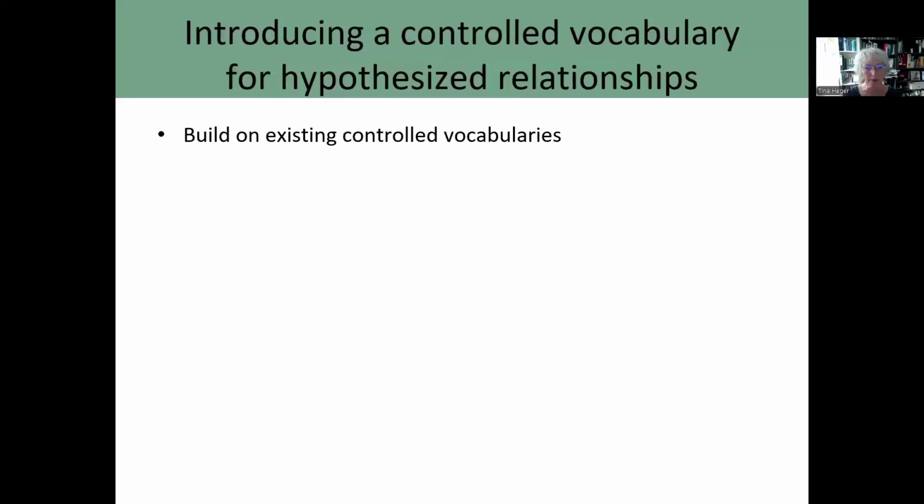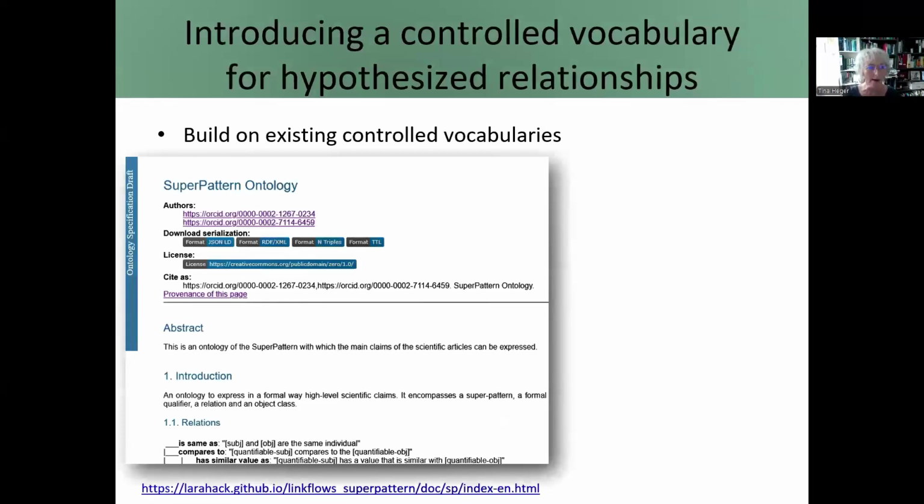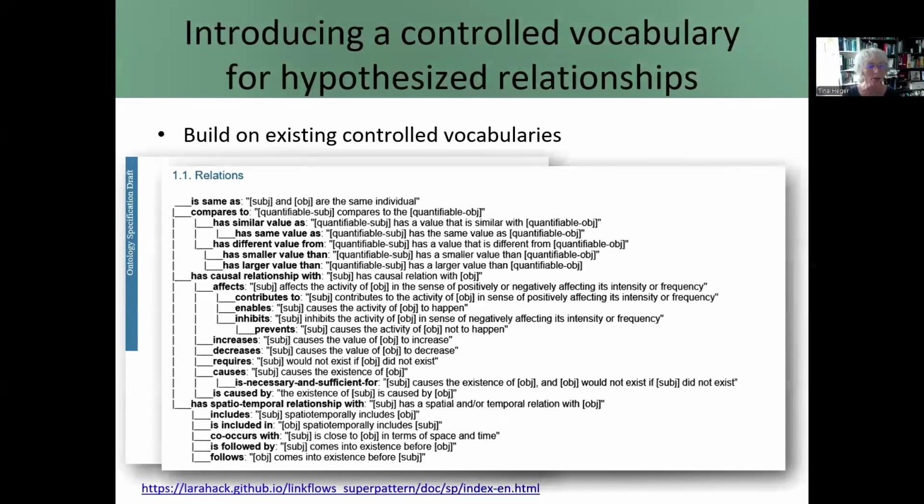And specifically for the hypothesized relationships, we found that there are already existing controlled vocabularies that we can make use of. And here, for example, we use the super pattern ontology, which contains a list of relations.